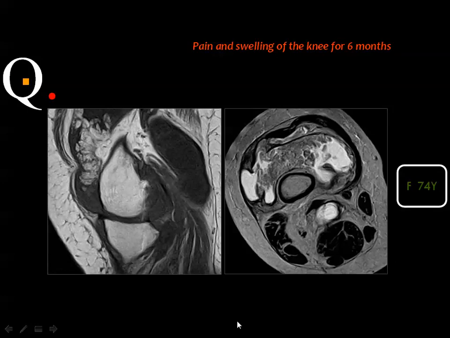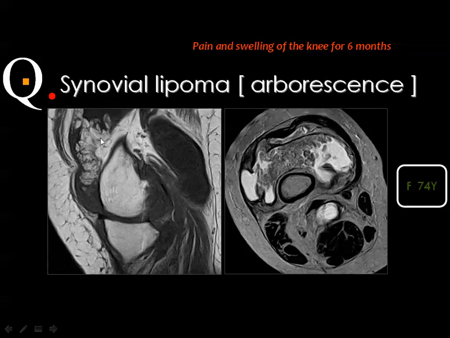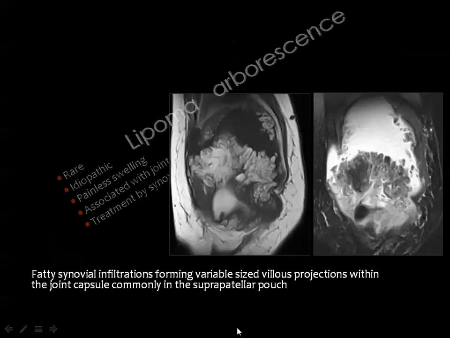Okay, MRI of the knee, T1 and axial T2. Soft tissue swelling in the anterior part of the knee. Lipoma arborescens, in this fat, which is bright in the T1 and of relatively decreased signal in the T2 with fat suppression.